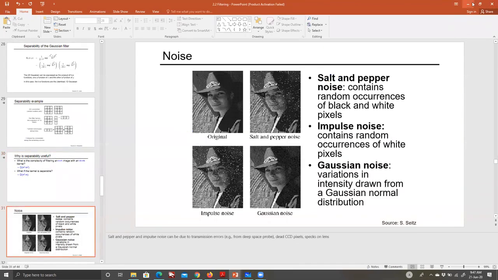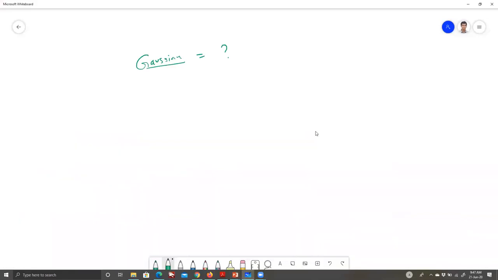Okay, sorry. So how does a Gaussian work? Let's draw a normal curve. Sigma, and of course in this direction as well. So what is the property of Gaussian?